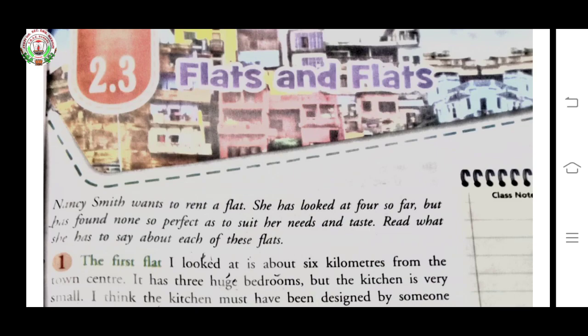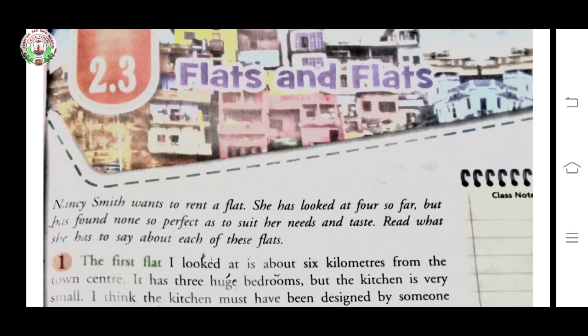But at last she didn't find anything perfect to suit her needs or taste. In this lesson, she described each flat and told us the reason why she didn't like any flat.